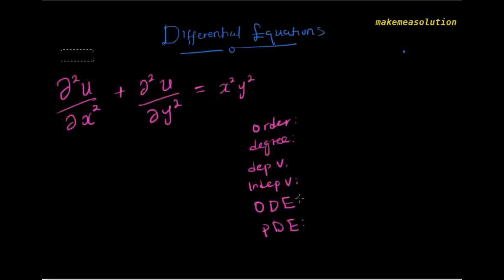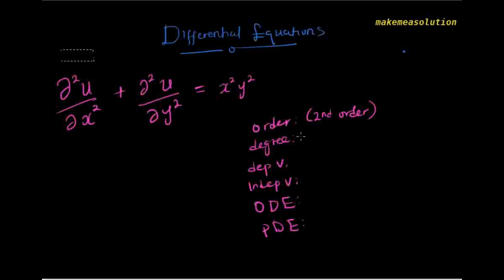Okay, so first of all, the order is of course the highest derivative, the position of the highest derivative. So the position of the highest derivative is 2, which is second order. So you have to scout through the equation to spot the highest derivative.